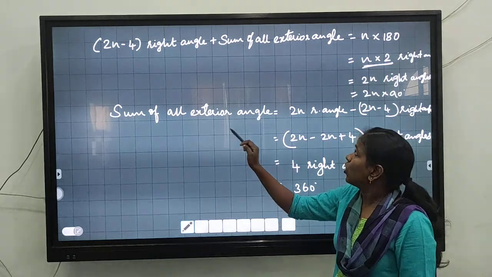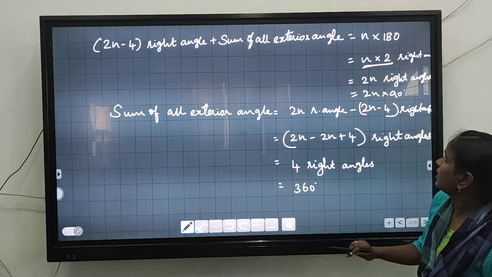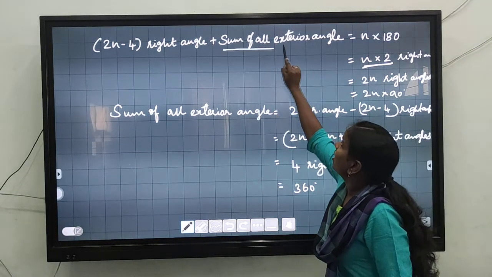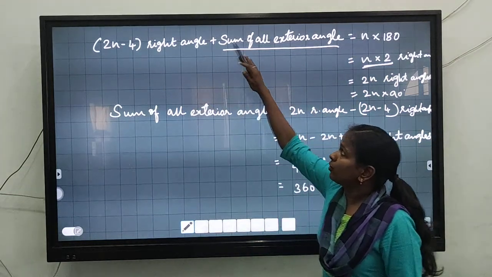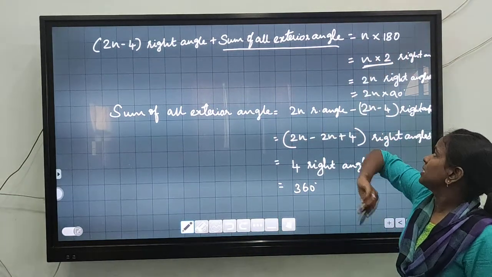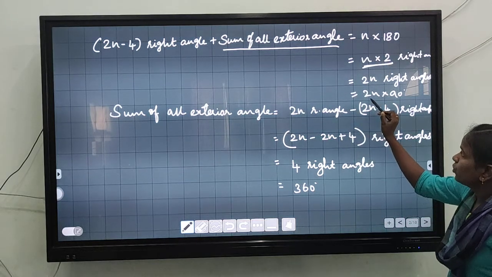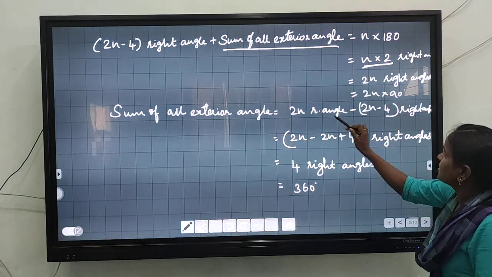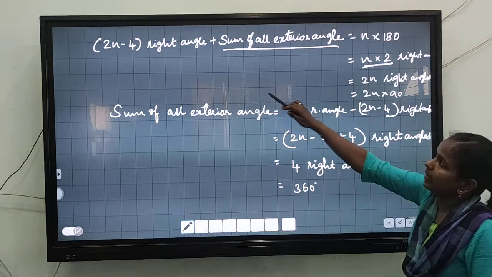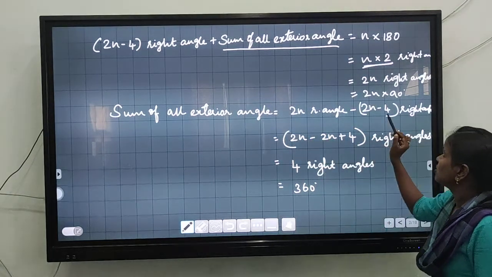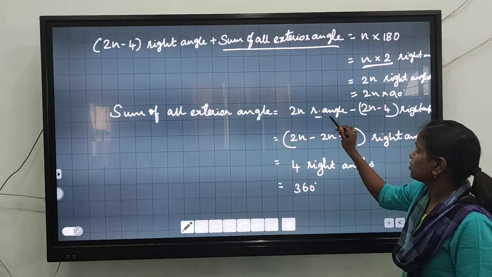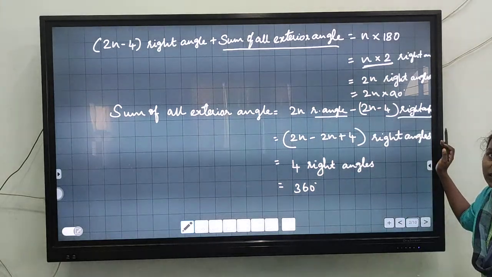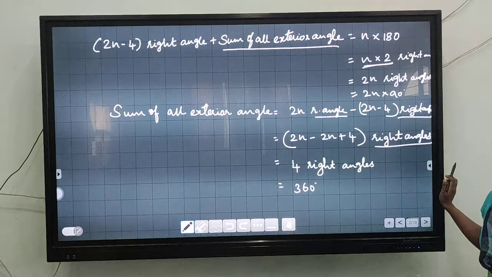Then the sum of all exterior angles. We want only the sum of all exterior angles. So I am taking this (2n minus 4) right angles to this side, so it will become subtraction. Here already 2n right angles is there, minus I am taking that (2n minus 4) right angles. So 2n right angles minus (2n minus 4) right angles. Here also right angle is there, here also right angle is there, so I am taking that right angle commonly outside.